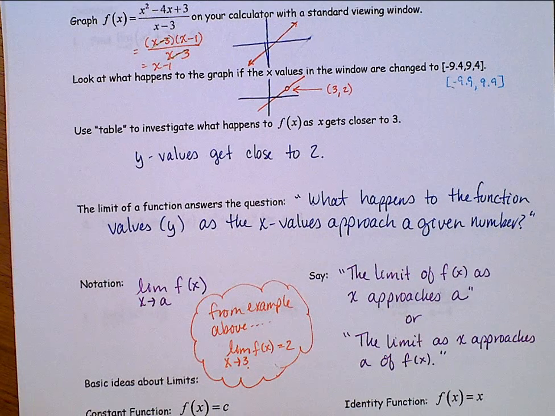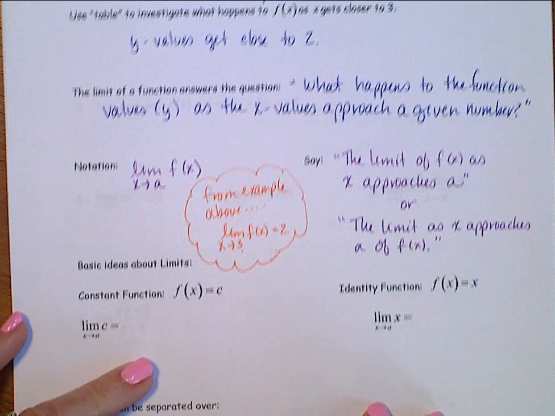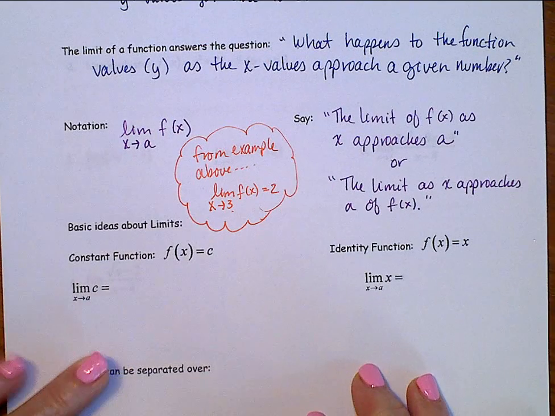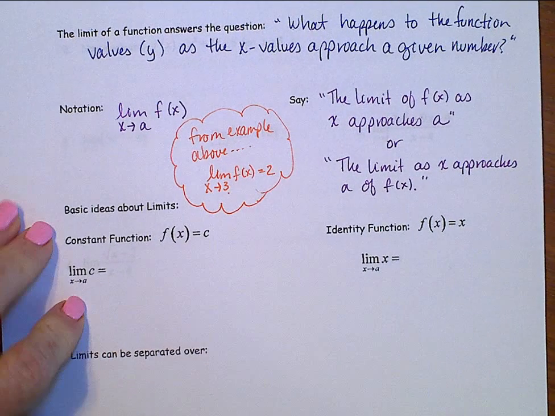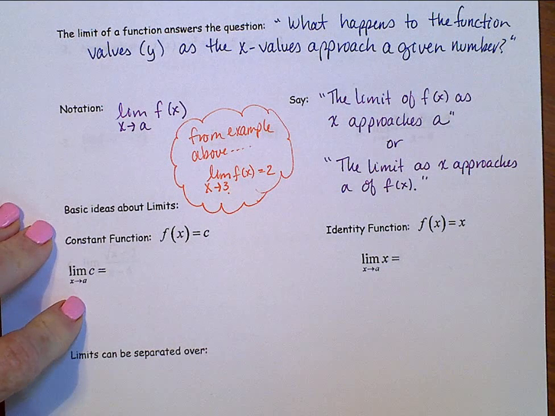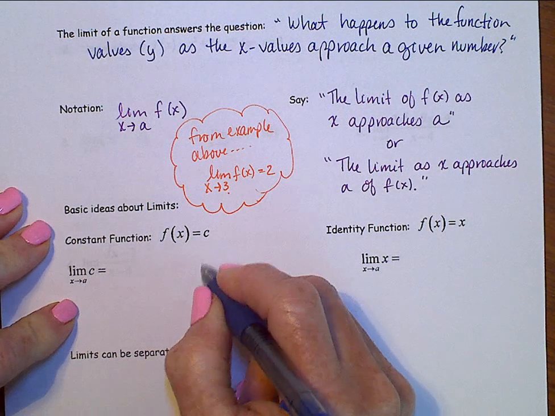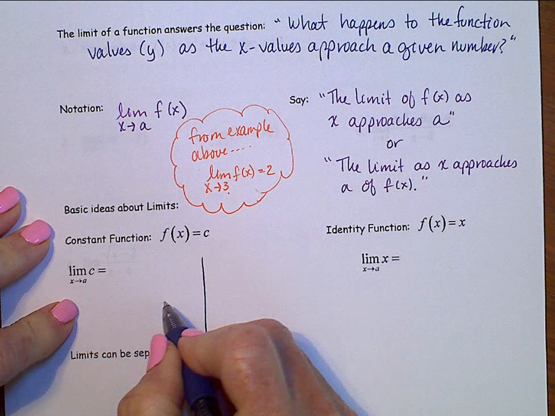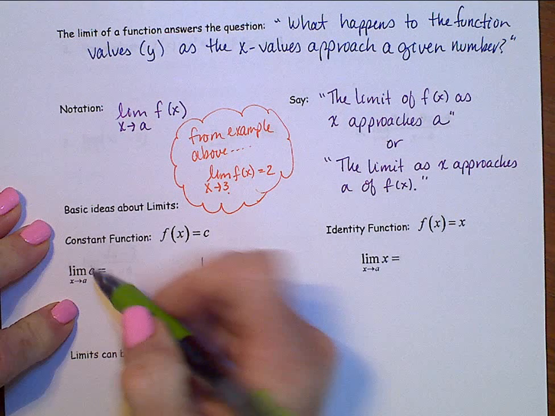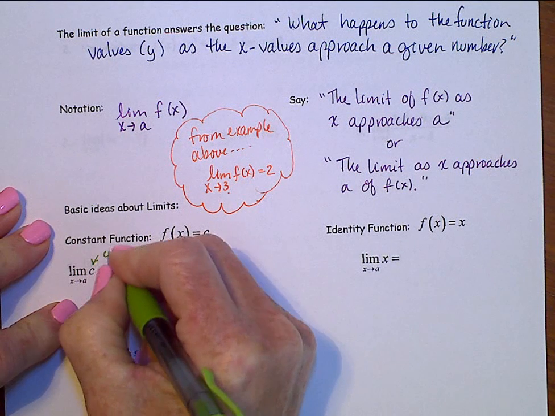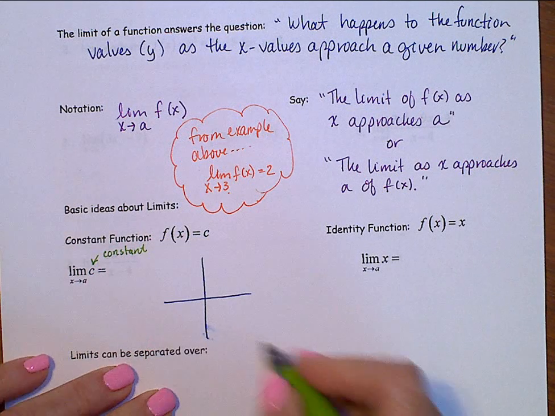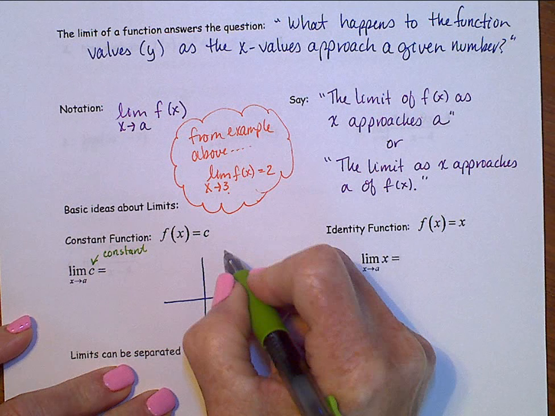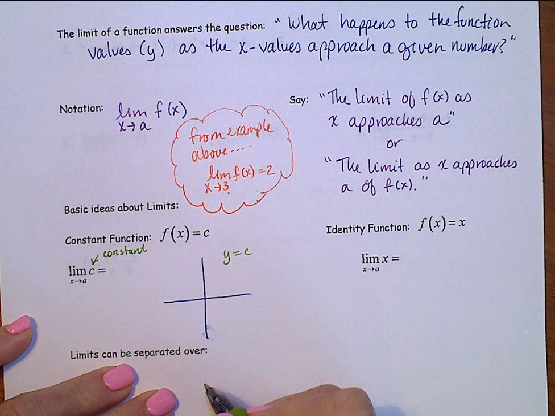Okay, now we do have some basic ideas about limits. For a constant function, and sometimes it helps to look at a graph, this c is a constant, and it's telling you to graph the function y equals c.